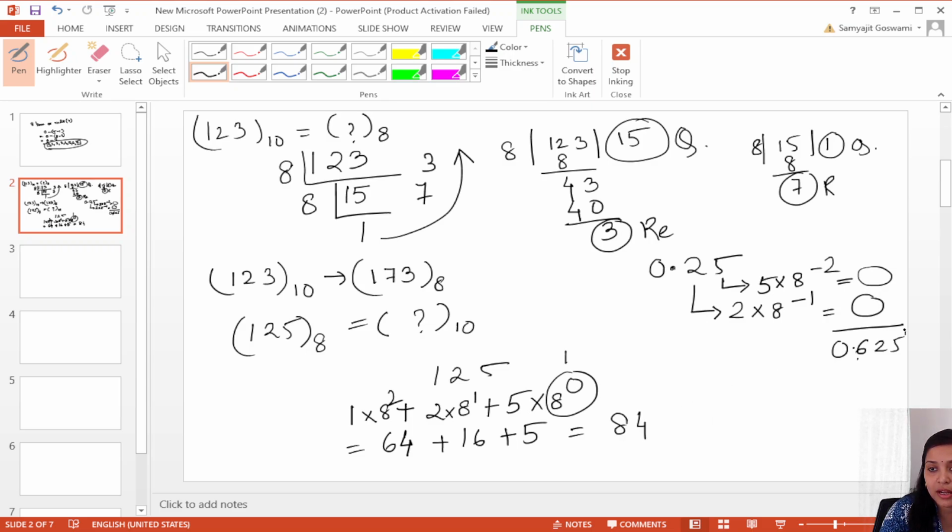So if the octal number is 125.25, then its equivalent decimal number is 84.625. This is a decimal number.